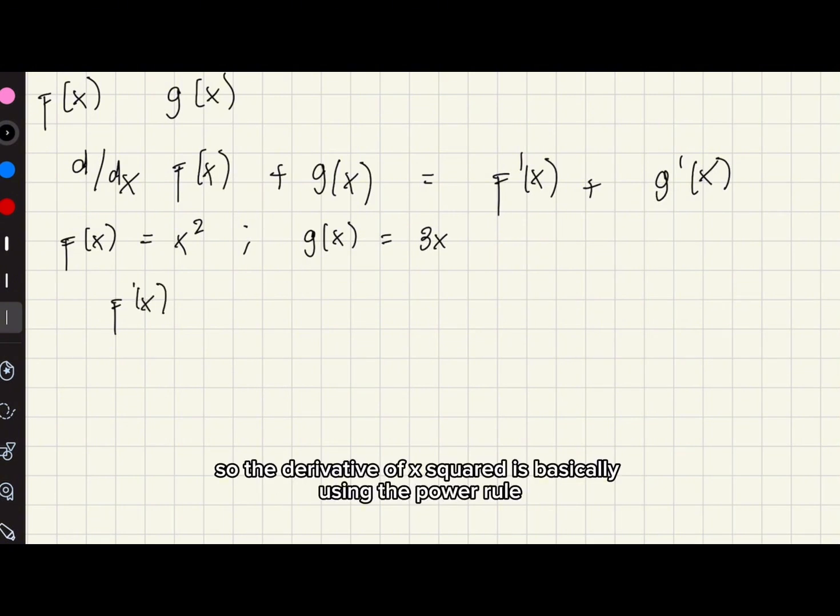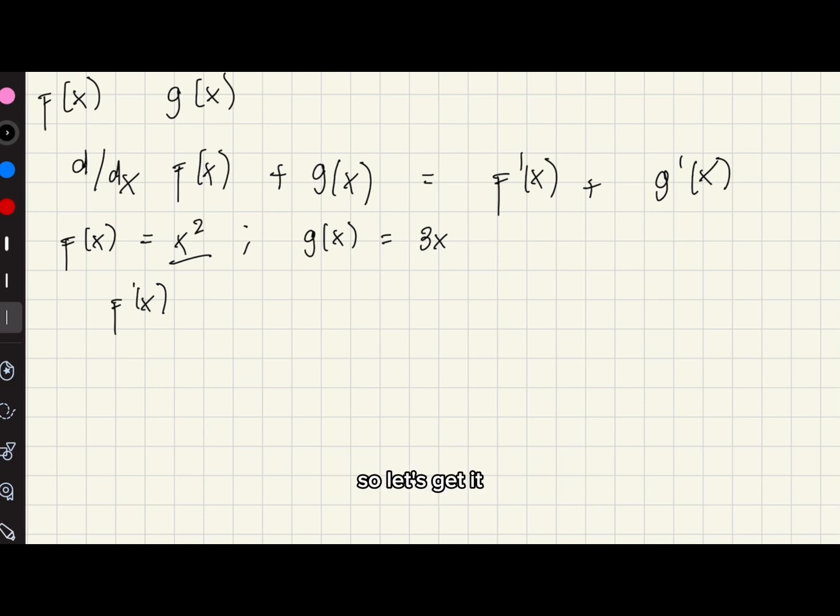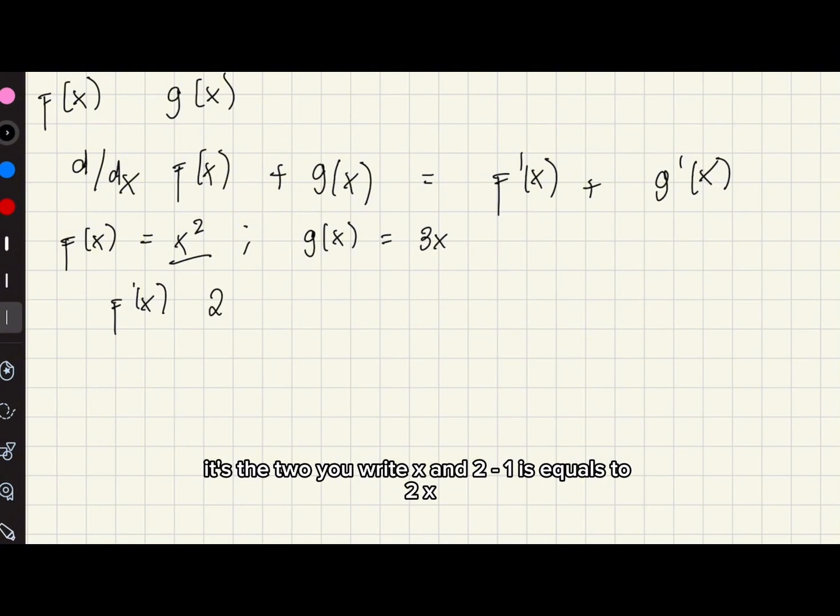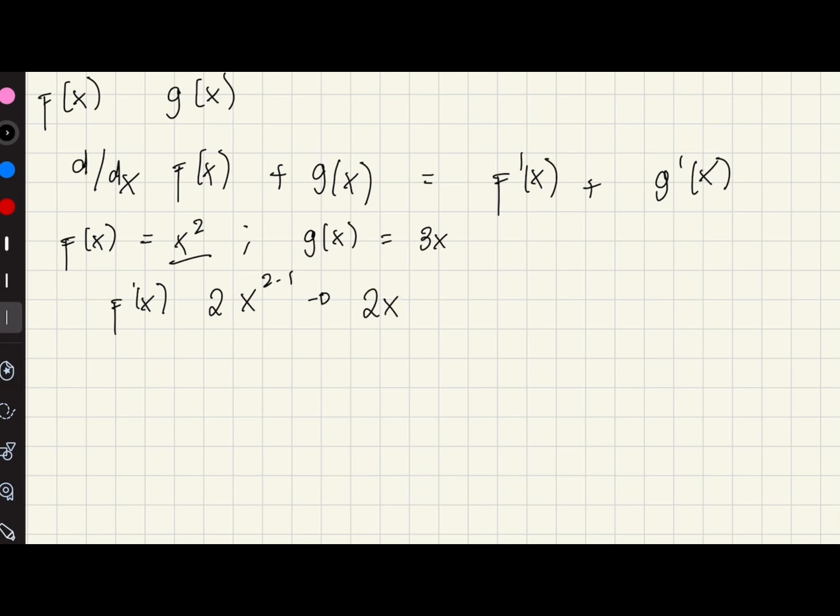The derivative of x squared is basically using the power rule. So let's get it. That's the 2. We write x and 2 minus 1 is equal to 2x raised to 1. Or let's remove the 1.